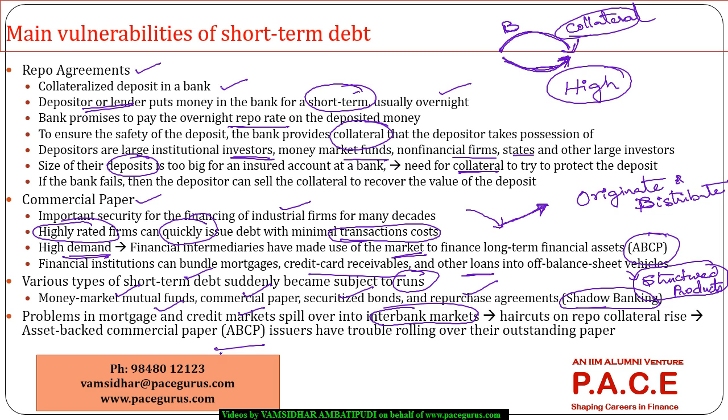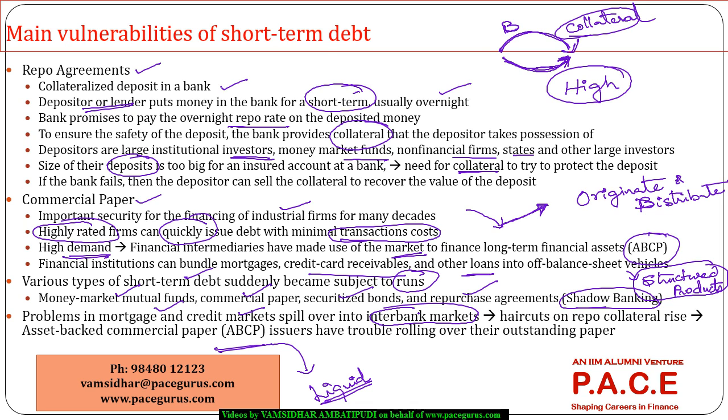And even asset-backed commercial paper, which was assumed to be the most liquid kind of financial instrument, easy to roll forward into the future, even that instrument was facing serious hiccups in terms of rolling it to the next period.